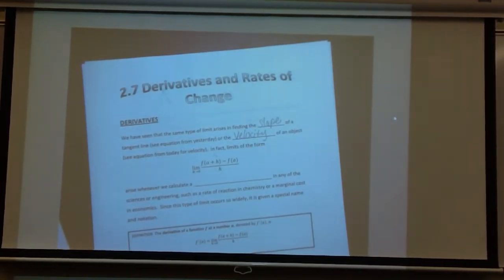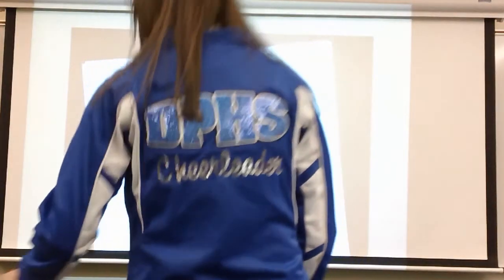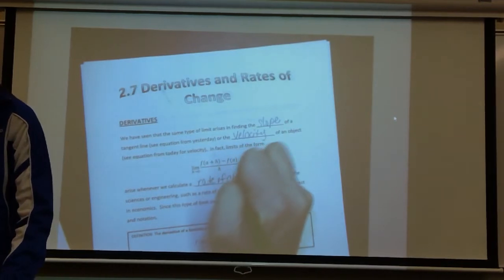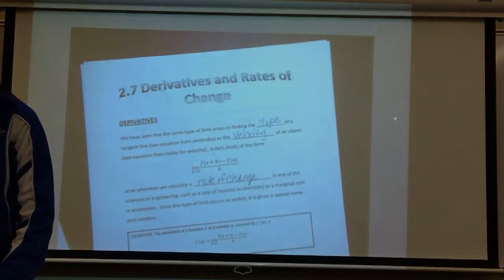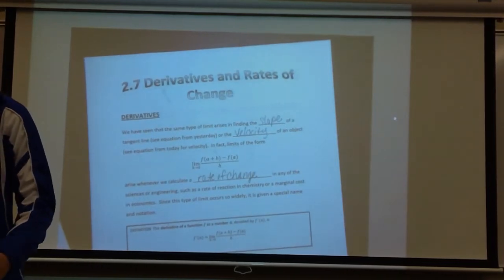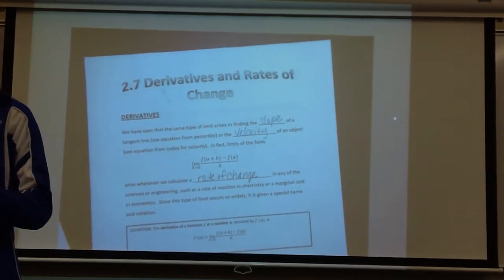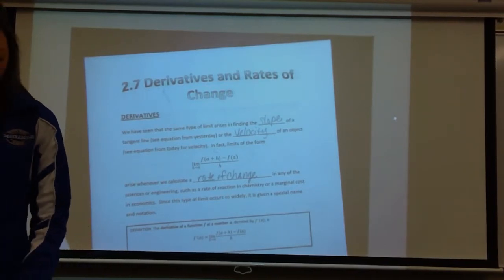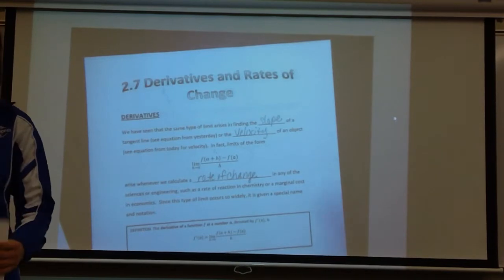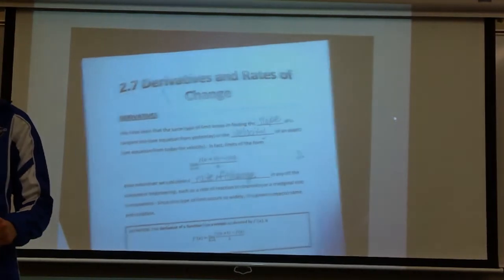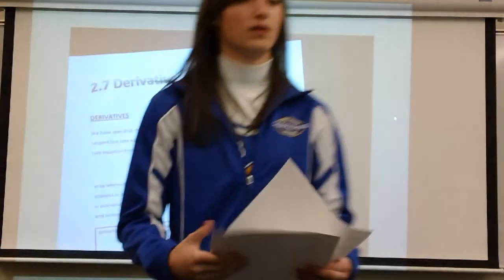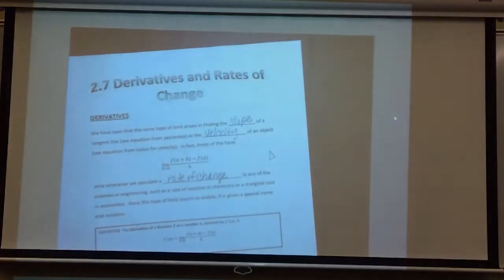In fact, limits of this form arise whenever we calculate a rate of change in any of the sciences or engineering, such as a rate of reaction in chemistry, a marginal cost in economics. So pretty much any time you see this delta symbol, which means change in, if that's a slope, that's a derivative. Kind of cool.